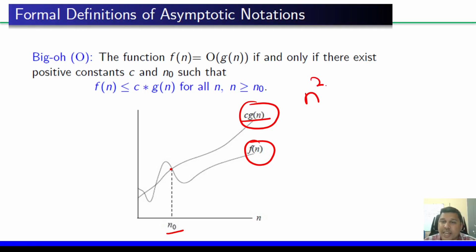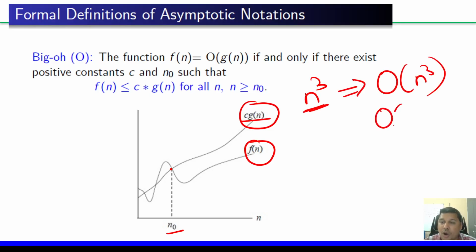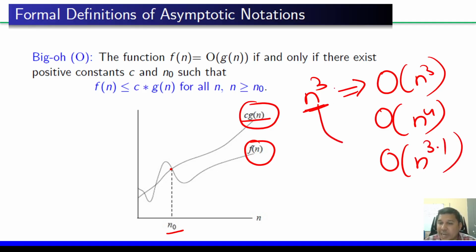So if f of n is n cube, I can say it can be written as order of n cube, or order of n power 4, or order of n power 3.1, which is equal to or higher than f of n. This is the notation we have. So this is about big O notation.